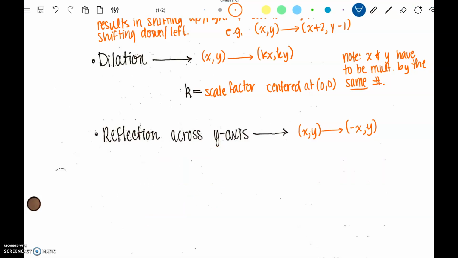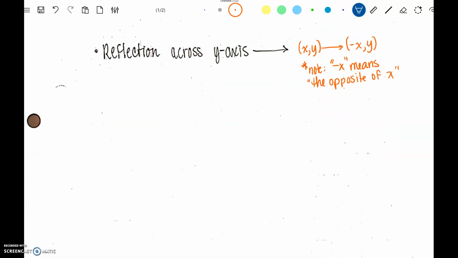But a reflection across the y-axis, the x changes sign. What I want you to remember or note is that this negative x means the opposite of x. Means change the sign. It doesn't mean x is negative, it means the opposite of whatever x was.